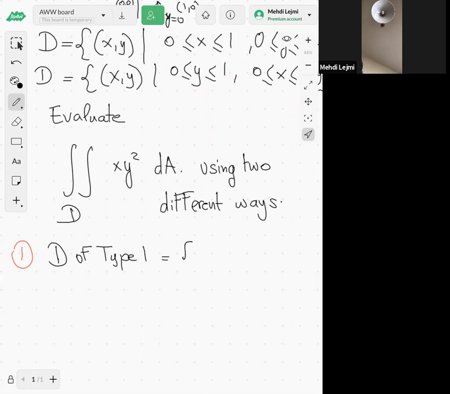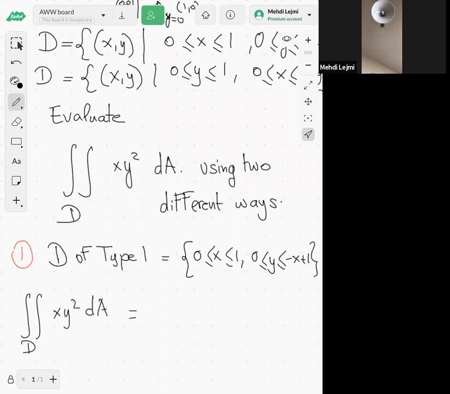So D is just x between 0 and 1, and y between 0 and minus x plus 1. Right? So then your double integral over D of xy squared dA.